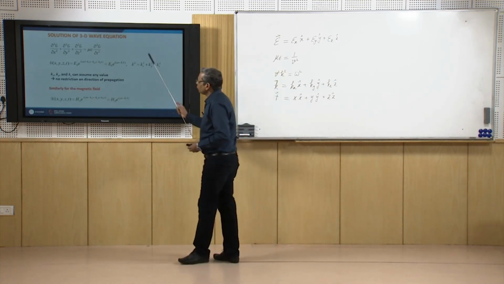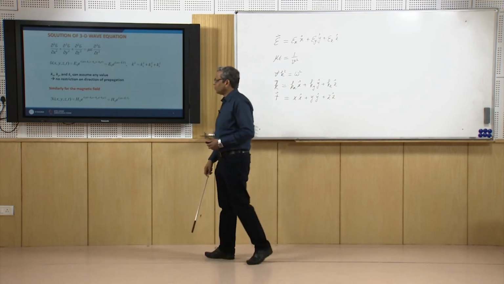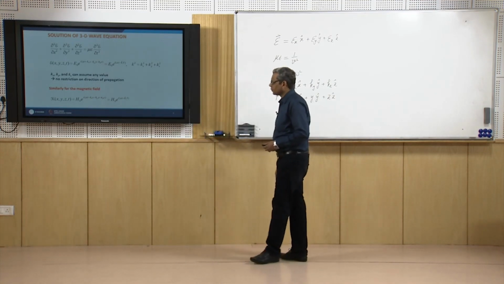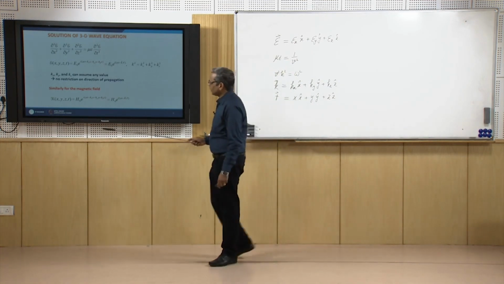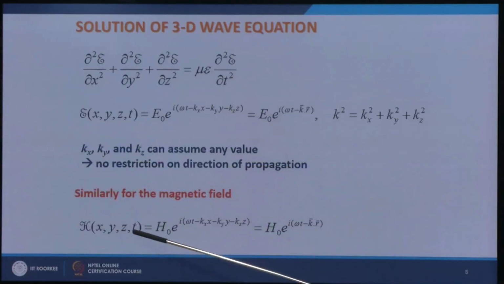I can do the same analysis for the magnetic field, and I will get the solution as H of x, y, z, t equal to H 0 e to the power i omega t minus k x x minus k y y minus k z z, or H 0 e to the power i omega t minus k dot r.